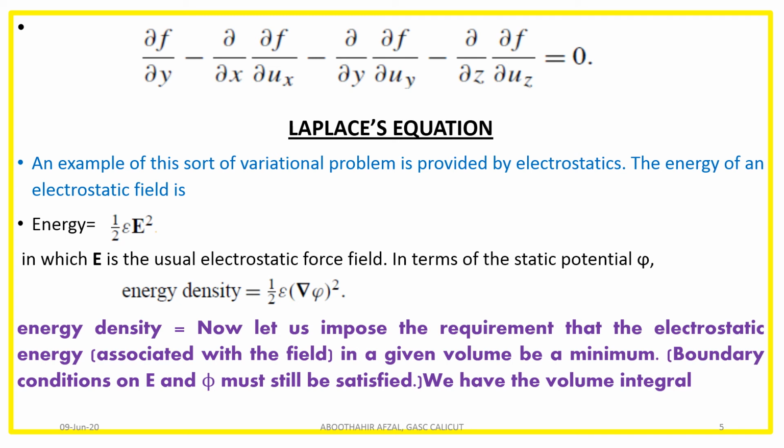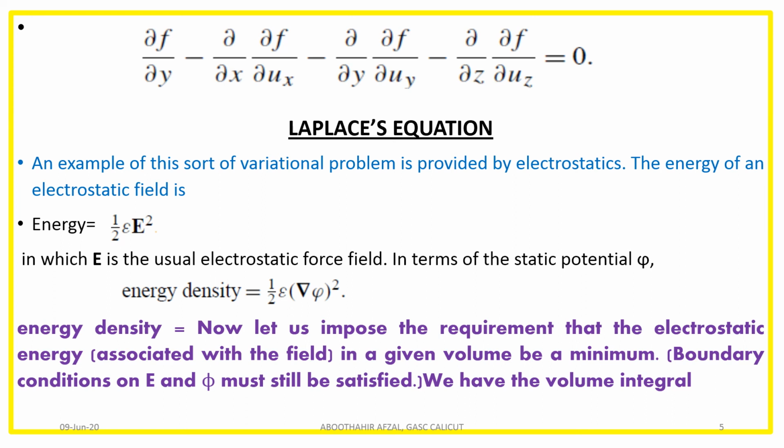As an application of this Euler equation for several independent variables, we are going to derive the Laplace equation. In electrostatics, the energy of an electrostatic field is given by half epsilon E squared. The energy density is half epsilon E squared, where E is equal to del phi, where phi is the potential.